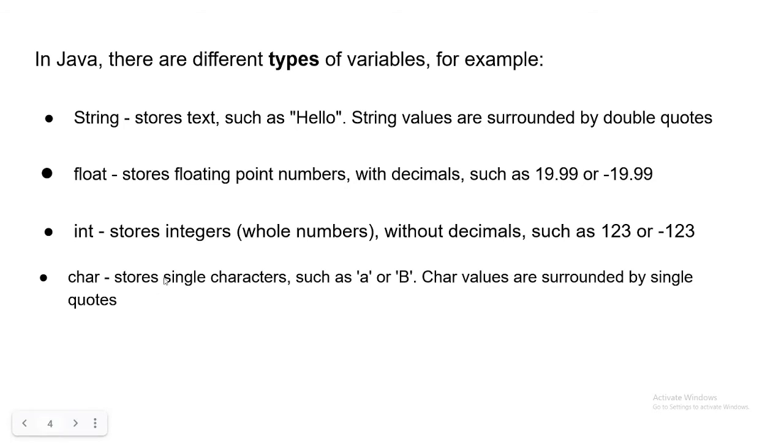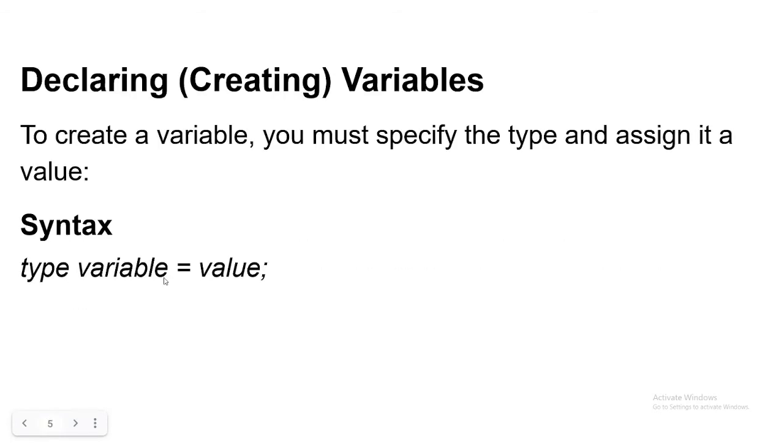Let's go ahead and understand the variable syntax. To create a variable, you must specify the type, and assign it a value. So the syntax is type, variable, and then the value.